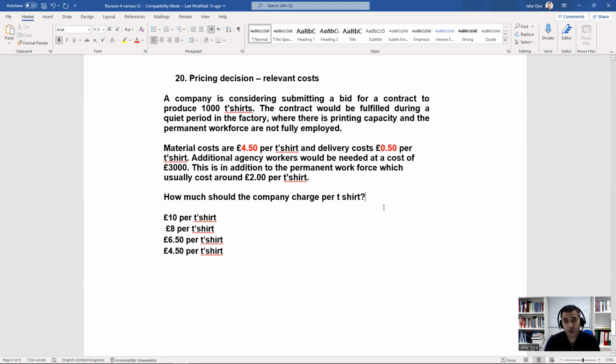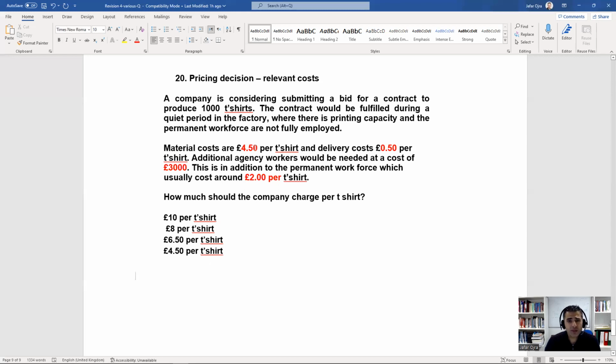So both together are £5, which is variable cost. Additional agency workers would be needed at a cost of £3,000. This is additional to the permanent workforce, which usually costs around £2 per t-shirt. How much should the company charge per shirt? What is the cost per t-shirt?